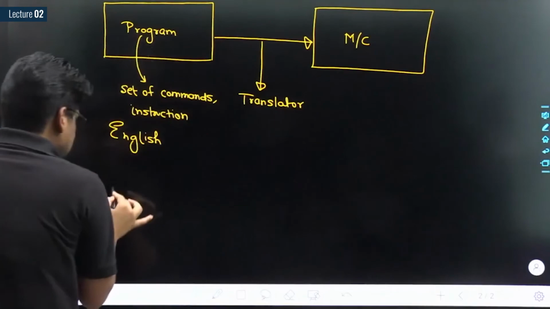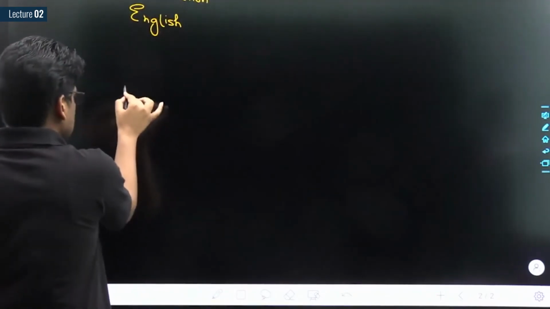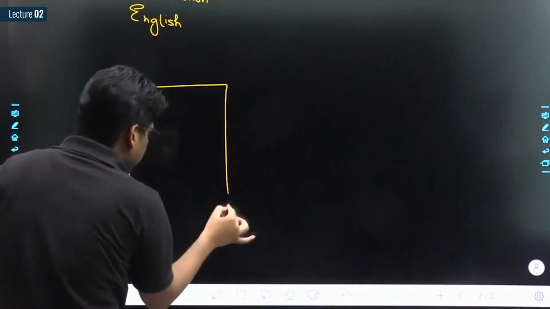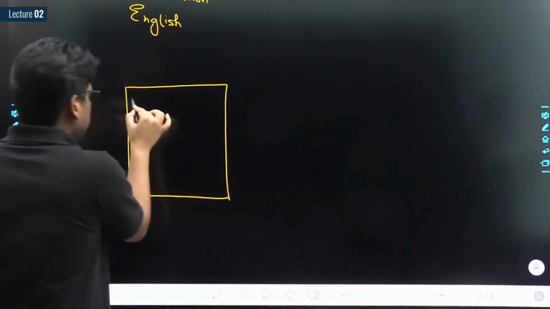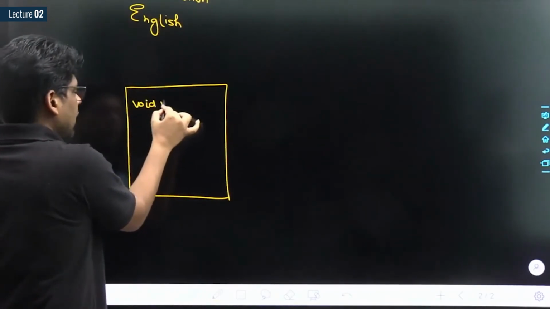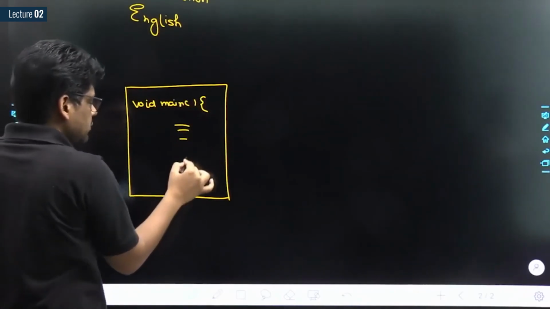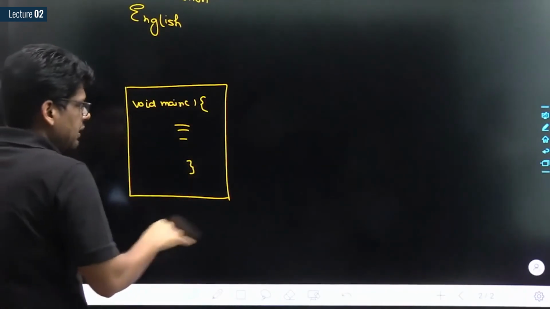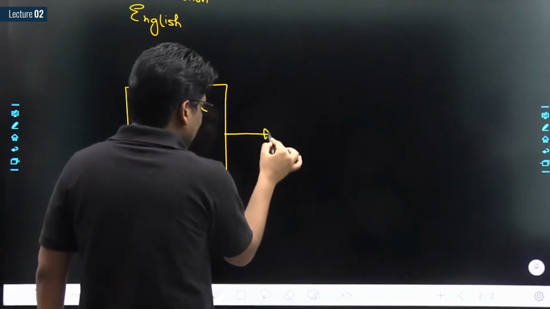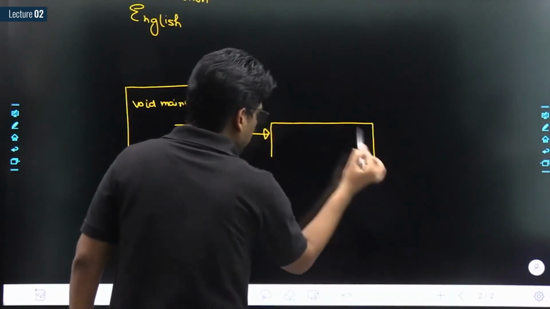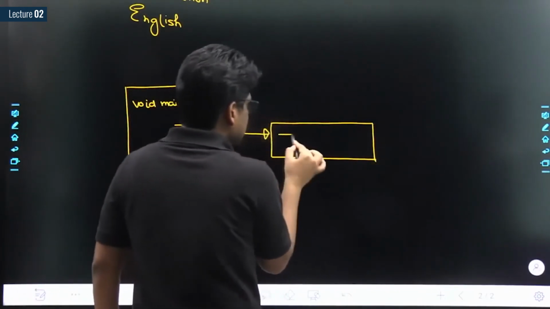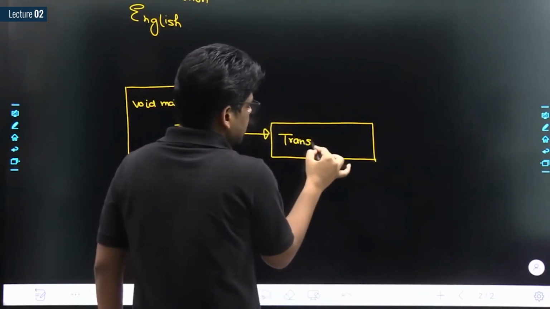So the larger picture is: you write a program in some programming language, and you give this program to a translator. However, the translator itself is another program.